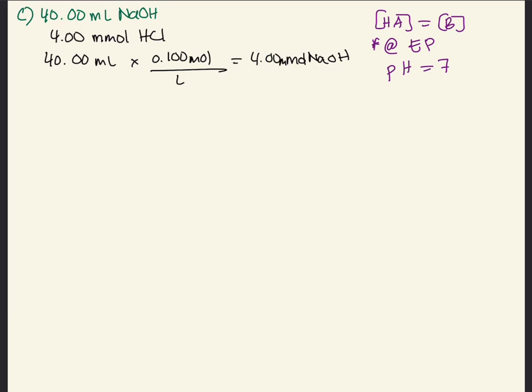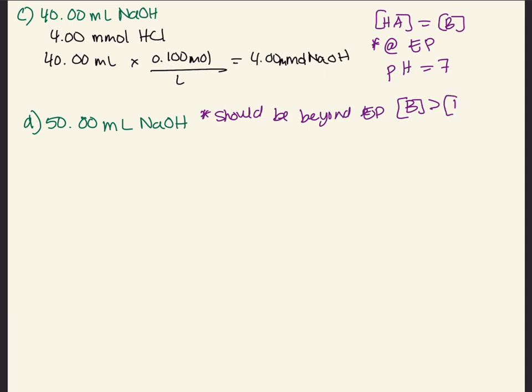Now, finally, let's look at the 50 milliliters of sodium hydroxide. Now, since at 40 milliliters of sodium hydroxide I was at the equivalence point, if I add more base, I should be beyond the equivalence point. So my base should be greater than my acid.